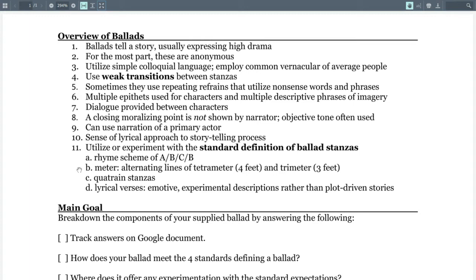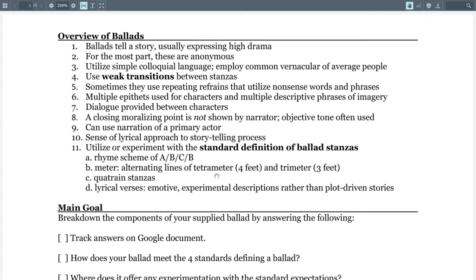Okay, now as far as meter is concerned, traditionally with folk songs, with ballads, you are alternating between lines that are 4 feet and lines that are 3 feet. So that's tetrameter and trimeter. Emily Dickinson herself in the 1800s, when she wrote her poems, she uses that same method.